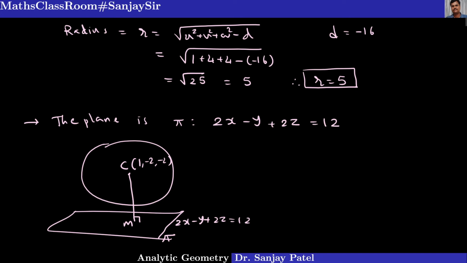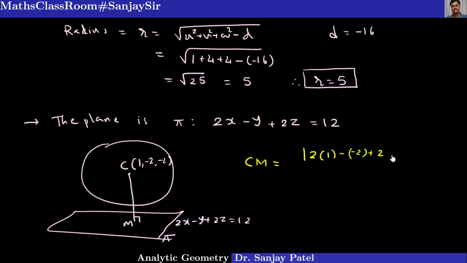We have the formula for CM. As you know, it is a into x1 plus b into y1 and so on. But without remembering that, just put 1, minus 2, minus 2 in this equation. So 2 into x, you can put the x coordinate of the center, 1. Minus 1 into y, y is minus 2.